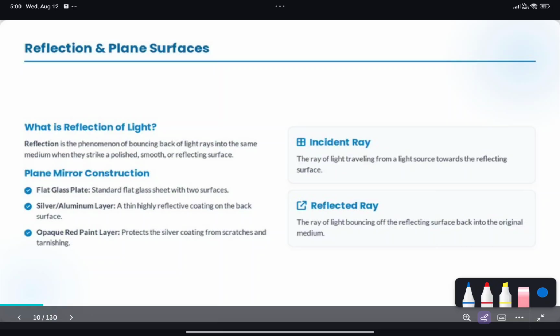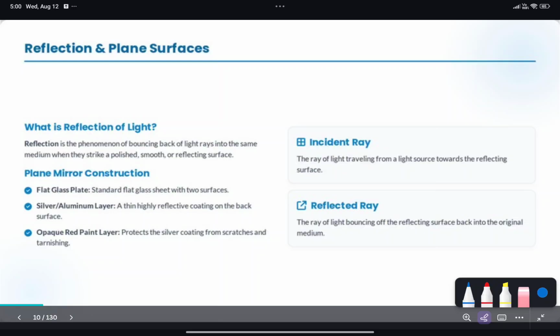A thin, highly reflective coating on the back surface. Clear? Opaque red paint layer. It protects the silver coating from scratches and tarnishing.